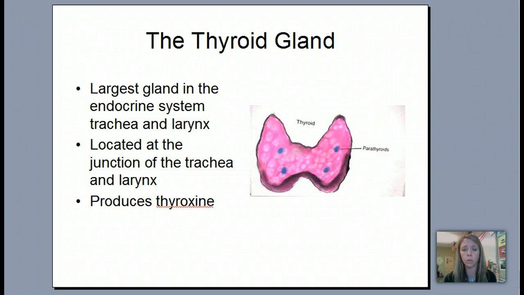If there's an oversupply of thyroxine, a person becomes hyperactive. If there's an undersupply, a person feels lazy. People have told me they have a thyroid disorder, and usually we're talking about thyroxine. Overactive and underactive might be something wrong with the thyroid gland, a hyperactive thyroid versus a low producing thyroid gland.